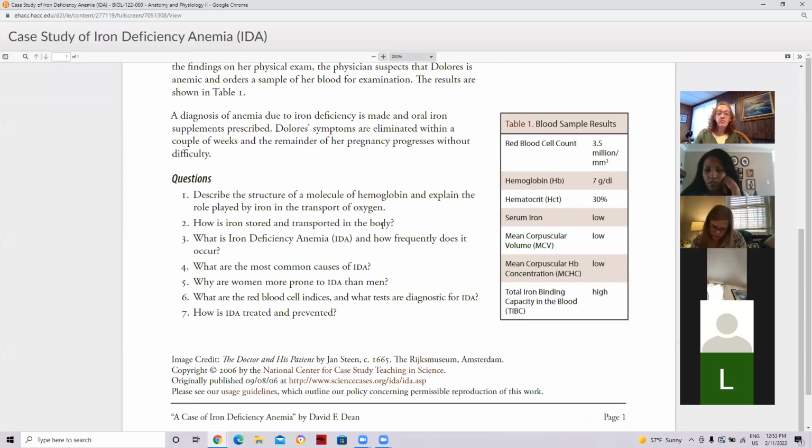What is iron deficiency anemia and how frequently does it occur? Well, if I were you for this answer, I would look in the textbook. I have all these questions done, but I don't see anything about the frequency. Oh, how frequently does it occur?